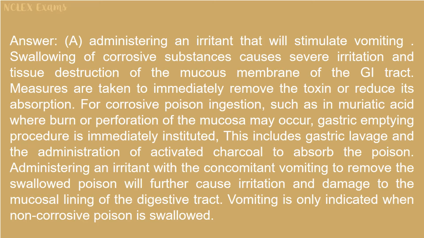This includes gastric lavage and the administration of activated charcoal to absorb the poison. Administering an irritant with concomitant vomiting to remove the swallowed poison will further cause irritation and damage to the mucosal lining of the digestive tract. Vomiting is only indicated when non-corrosive poison is swallowed.